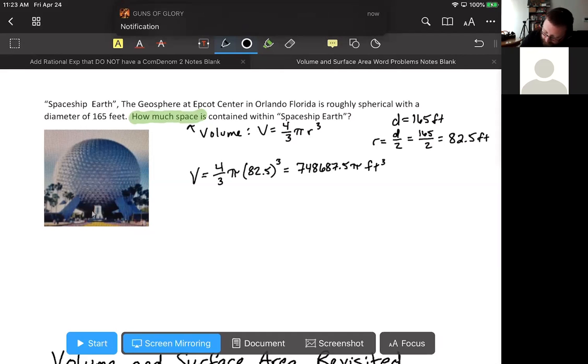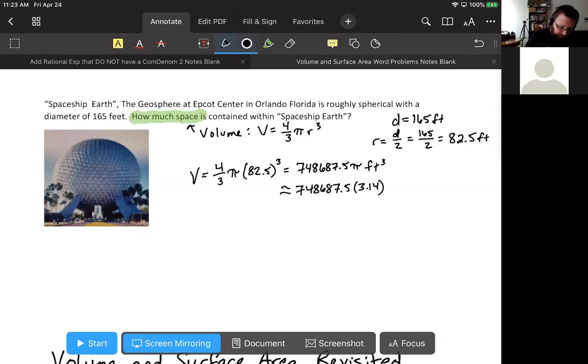But again, we probably should not bother with leaving the pi in there. So what we're going to do is we're going to plug in 3.14 for pi, which gives us an even bigger number of 2,350,878.75 cubic feet.